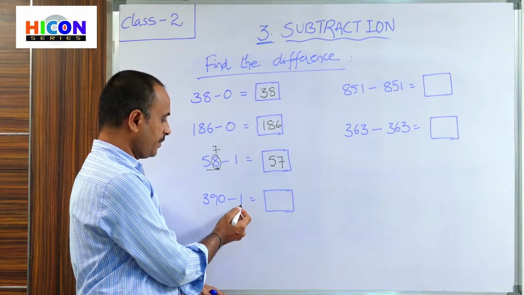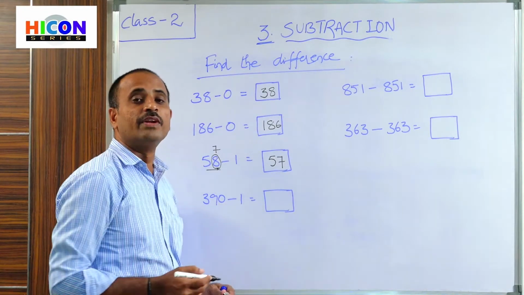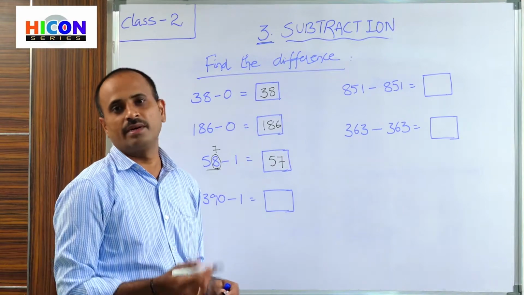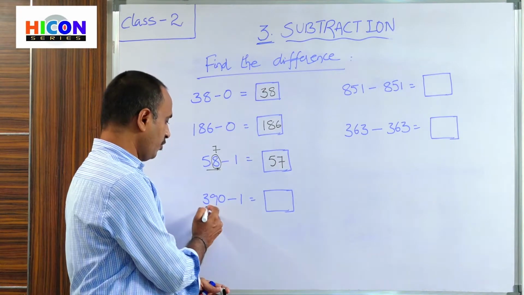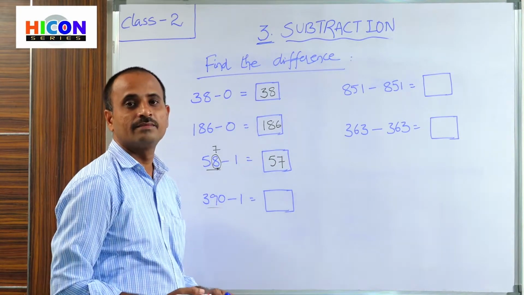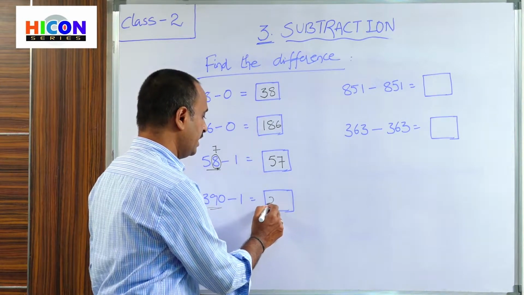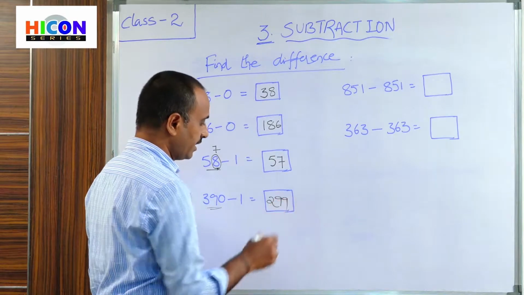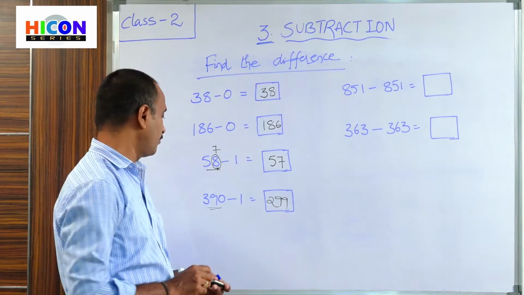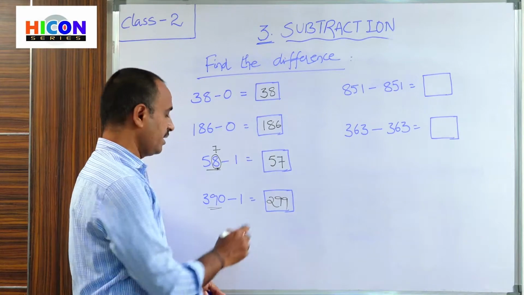If 1 is subtracted from any number, we get its before number. So what is the before number for 390?